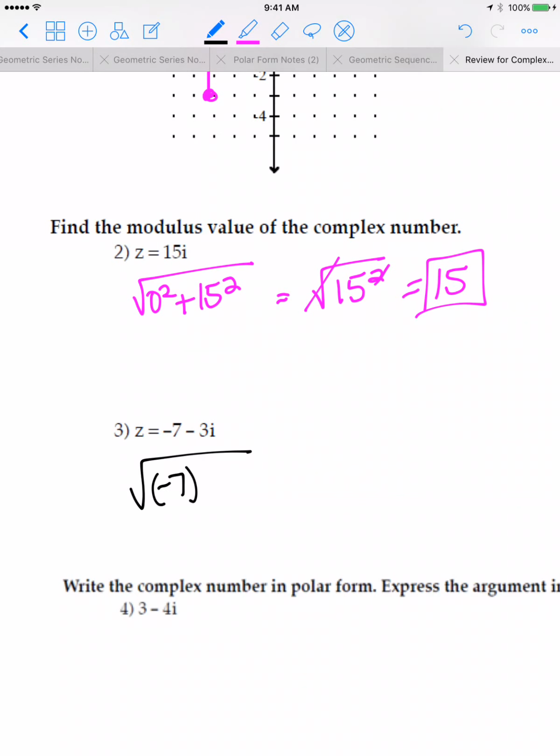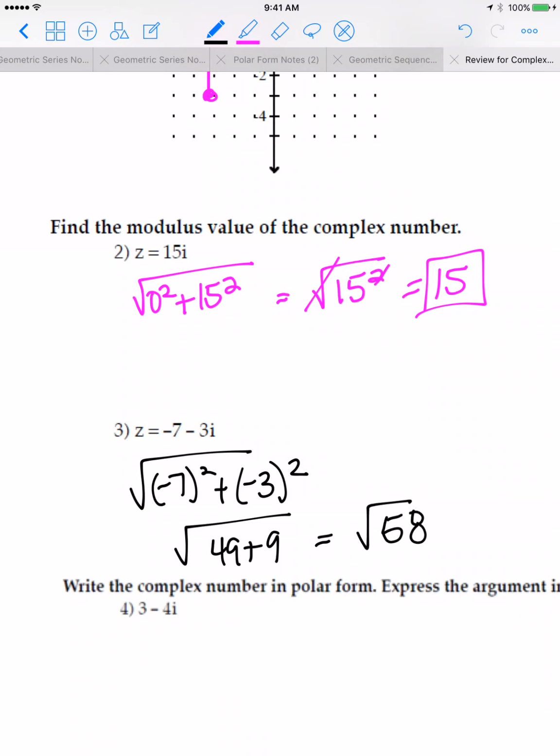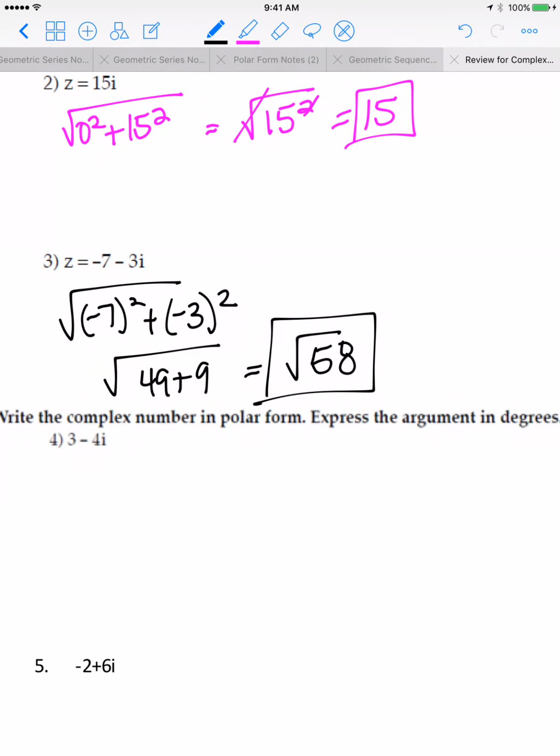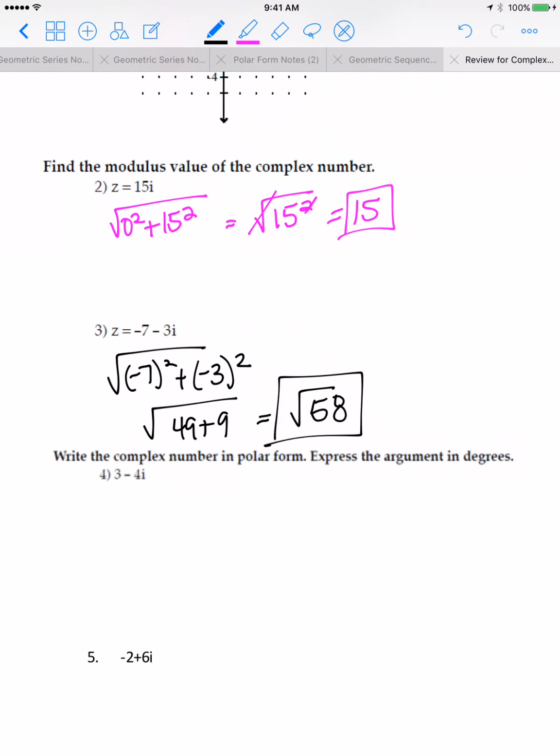So -7 squared plus -3 squared. And that's going to give us 49 plus 9, which gives us a square root of 58. Let's see if there's any perfect squares in there. So far, no, I do not believe there is. So we are done.